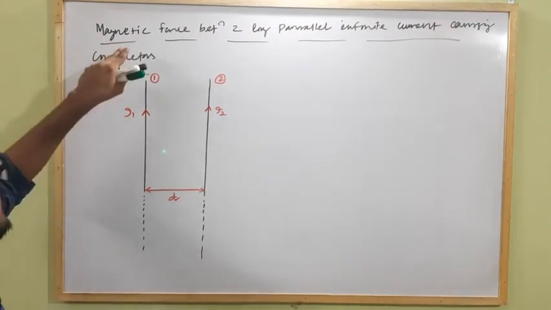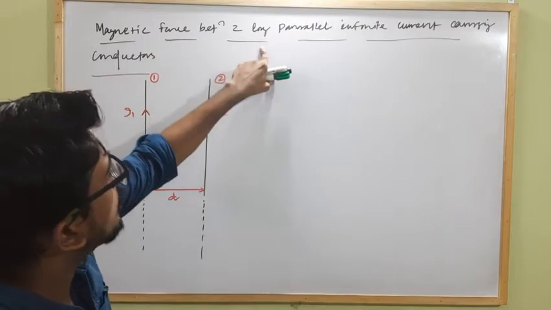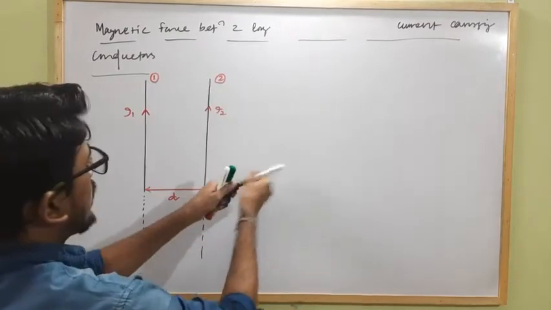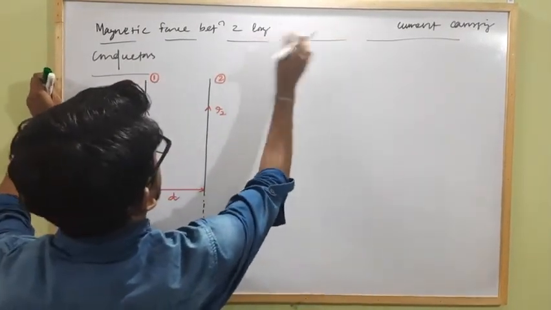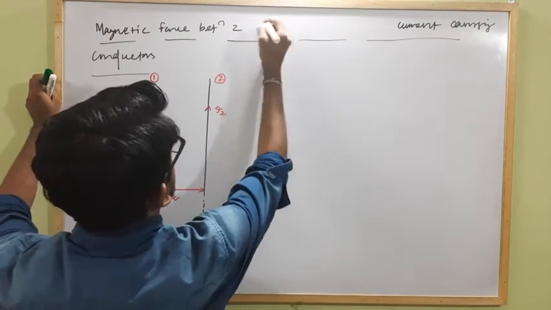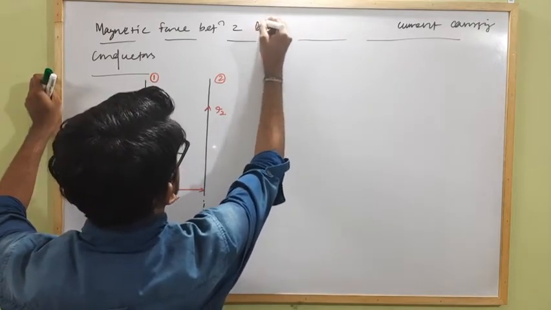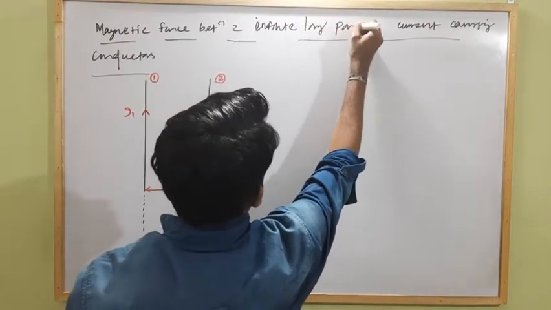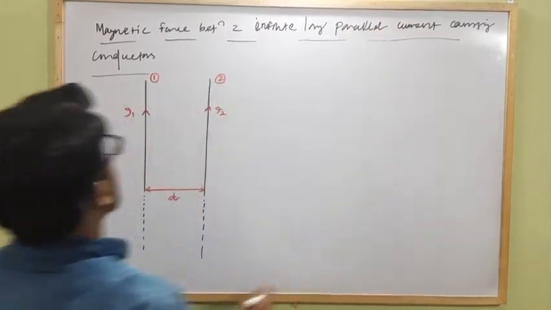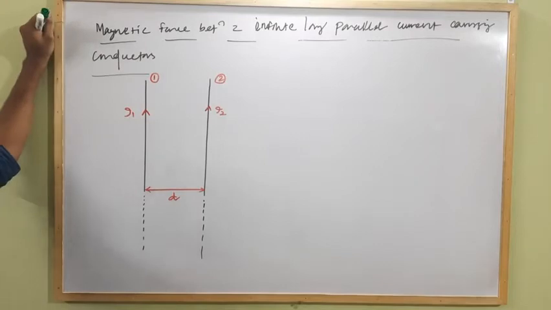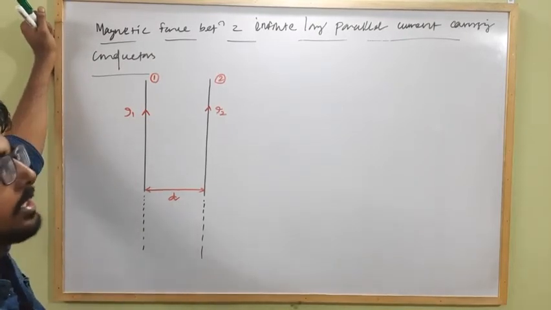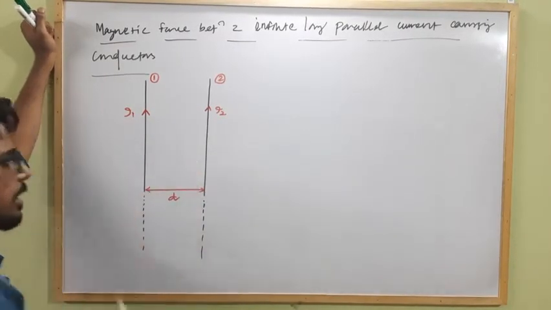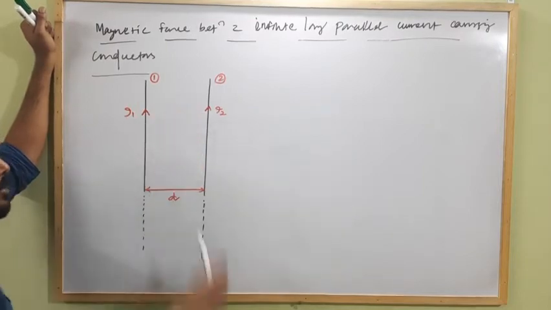As the heading mentions, the magnetic force between two infinite long parallel current carrying conductors, as these are infinite in length and both are parallel to each other and both carry currents I1 and I2.